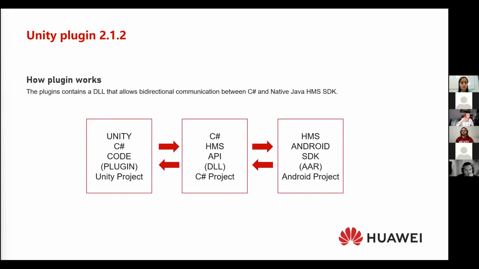After the end user calls a method, the flow goes backwards from left to right. The DLL calls the API, the API calls the AAR, and the AAR calls the Huawei services to get any response, and back and forth. This communication enables Unity developers to use all of the Huawei services.